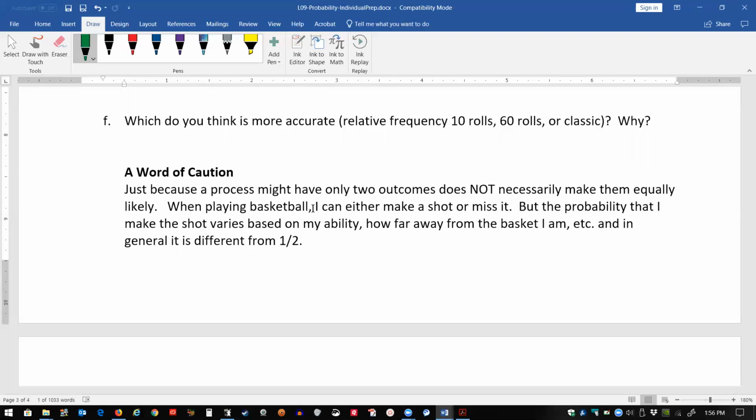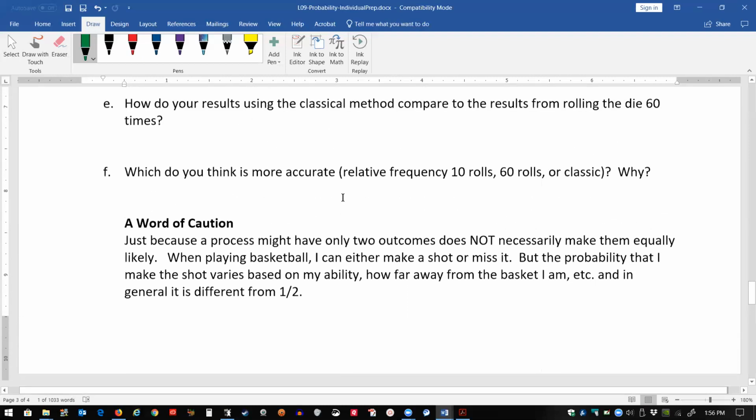However, I have a 65% chance of making it, probability of 0.65. Missing it is a 0.35 chance. So the probability of each of those is different. So those 2 outcomes are not equally likely. So just to make that aside example, again, for the classic theoretical probabilities to work, all of the outcomes have to be equally likely.